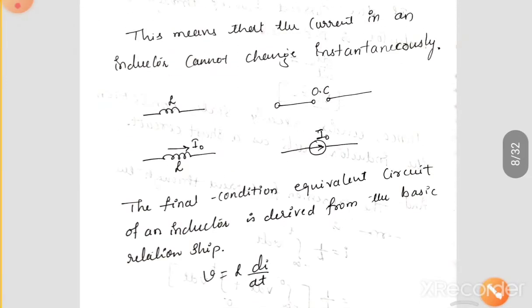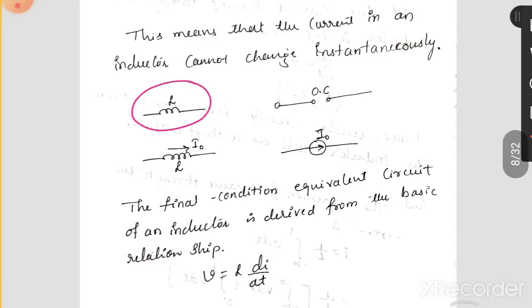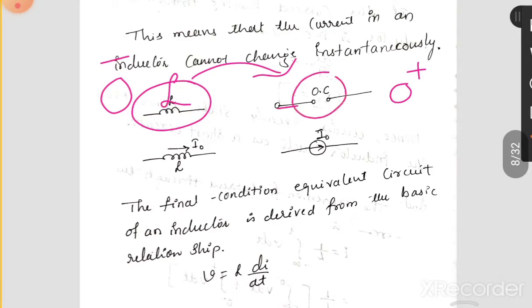Next we'll draw this inductance. Suppose this is the inductor, initially L is there, and after a certain time, this is before the switching action, 0 minus. If you take it after the switching action, remember this inductance will be open circuited. We will discuss this later. If we have an inductor but the switch was closed for a long time, it means current will be flowing through that inductance.